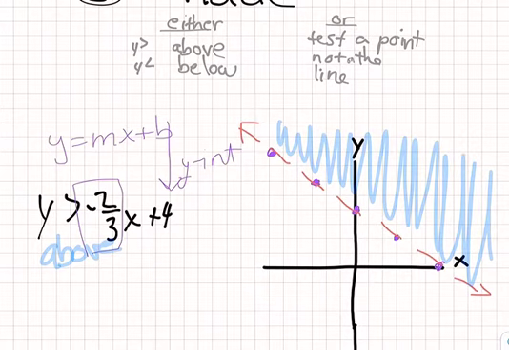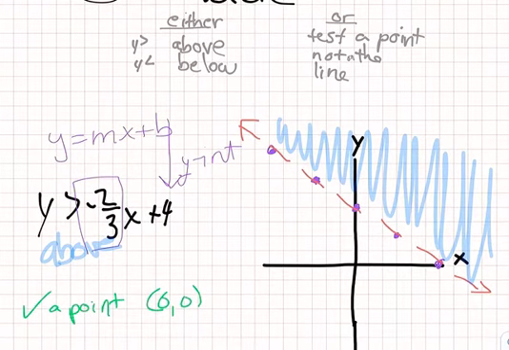The other way to shade it, just to be clear, is to test a point not on the line. For example, the origin, or 0, 0, is not on my line. So I check that point. I replace the x and the y with that value.